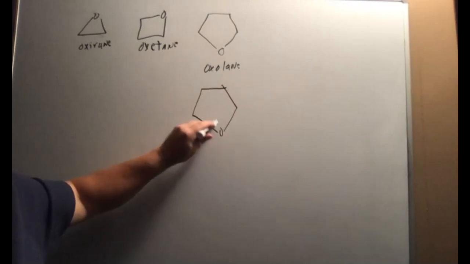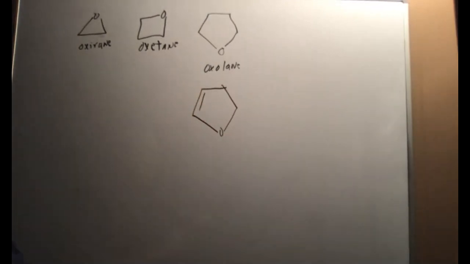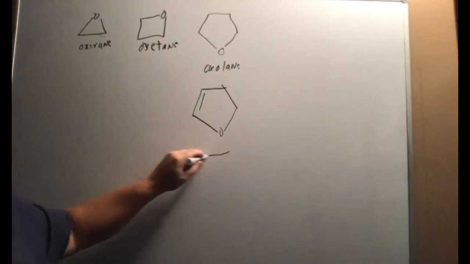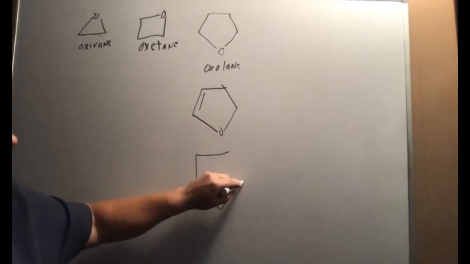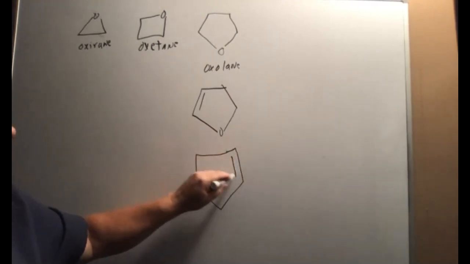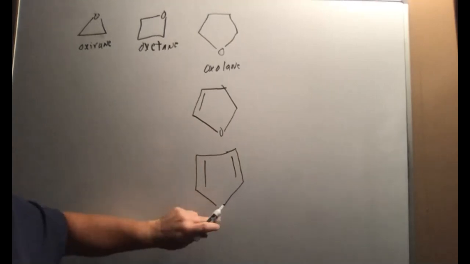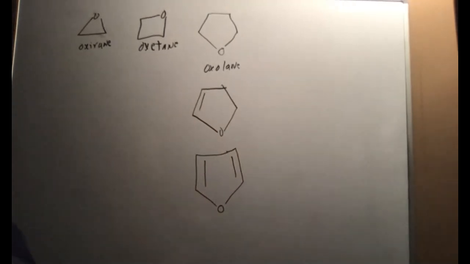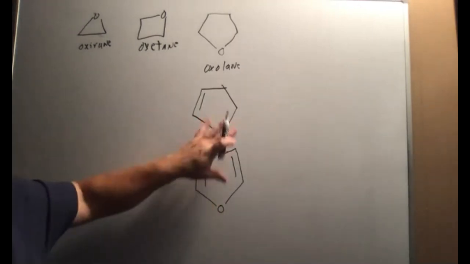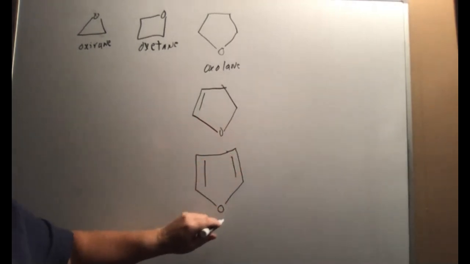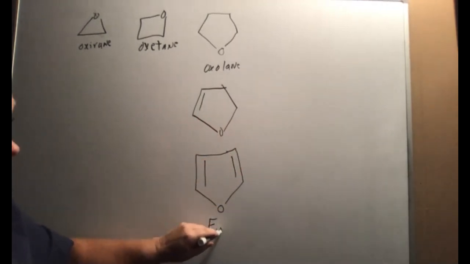So we could replace and put one double bond in there. We could also put two double bonds in there. Now this compound has a special name. It's called furan.